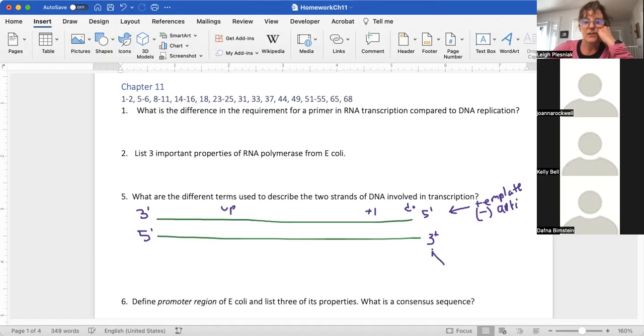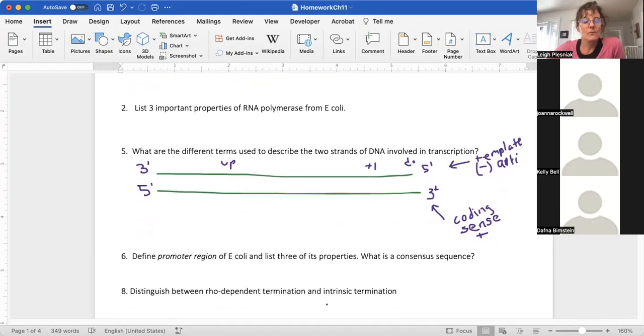And so this other strand is called the coding strand. It will be called the sense strand. And the plus strand. Okay.